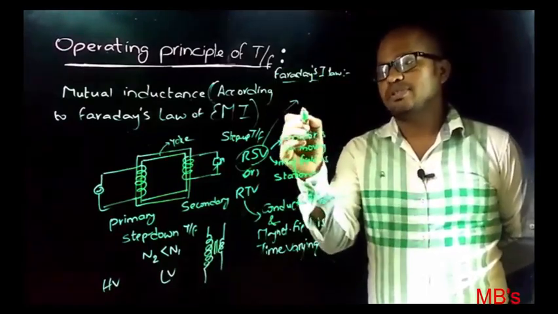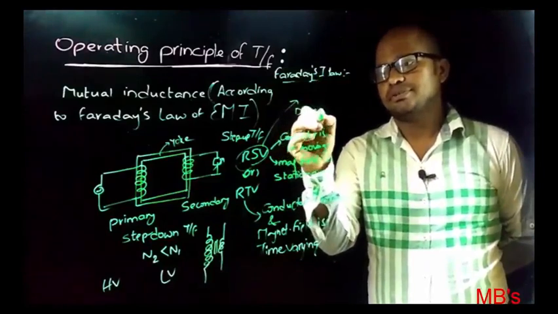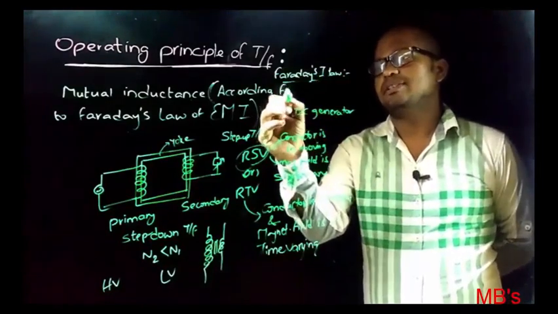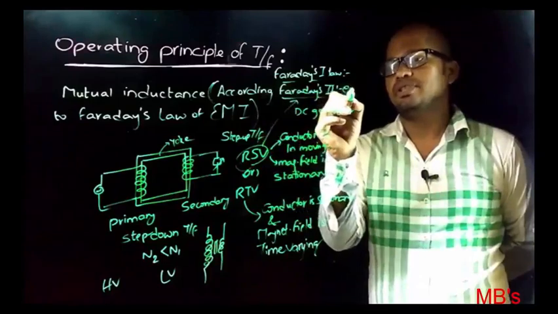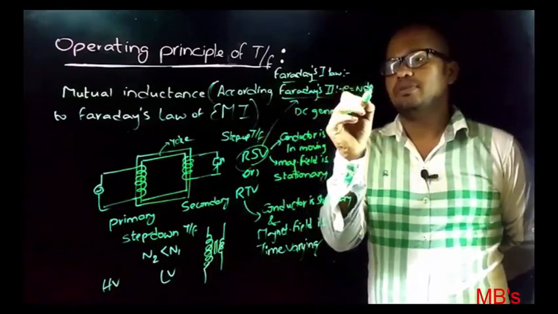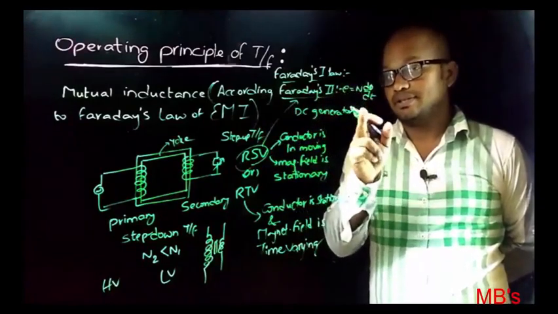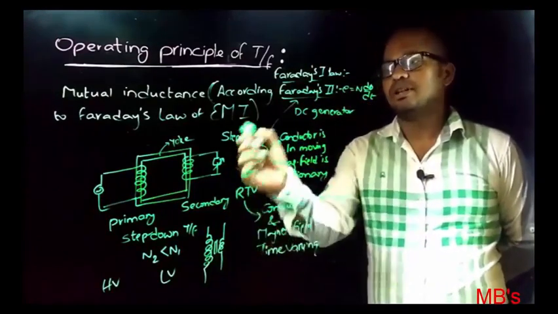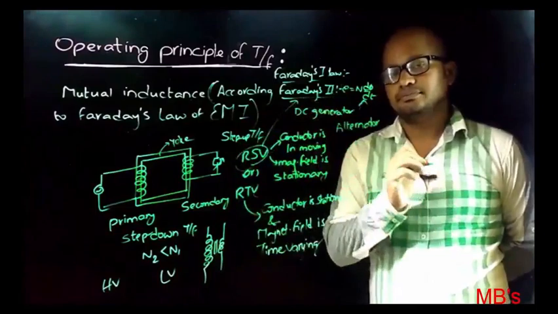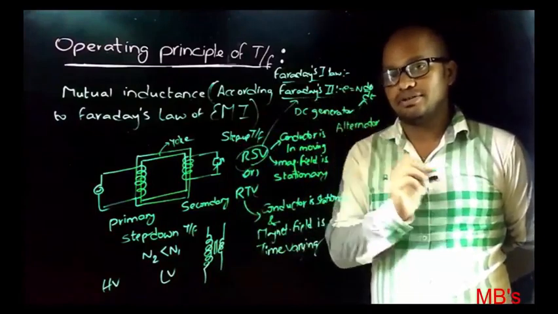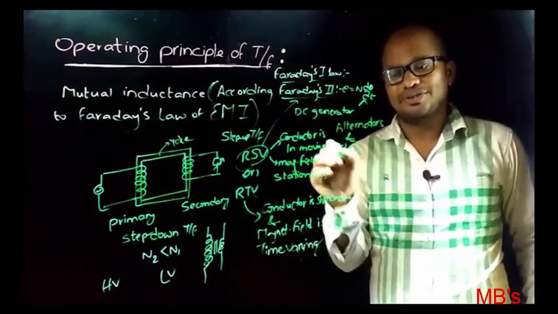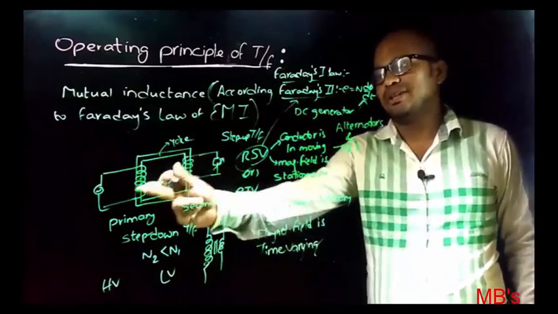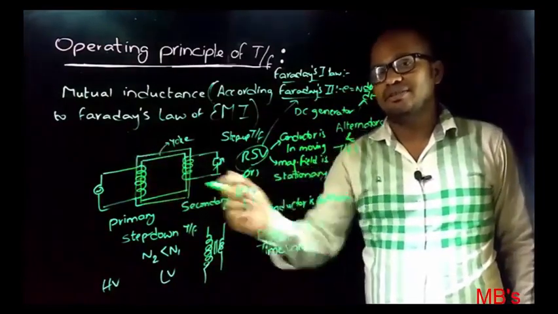An example for this case is the DC generator. Similarly, Faraday's second law gives the EMF equation E = N d phi/dt. In this case, flux is time varying and the conductor is stationary, so relative time variation comes under this case. Examples are alternators and transformers, because here the conductor is stationary and flux is time varying.